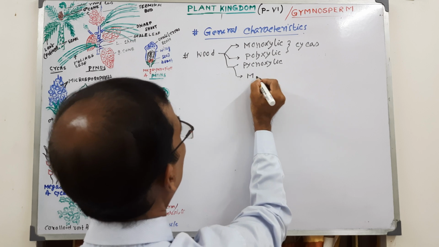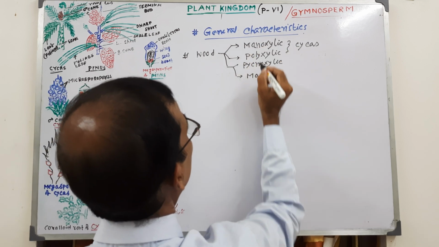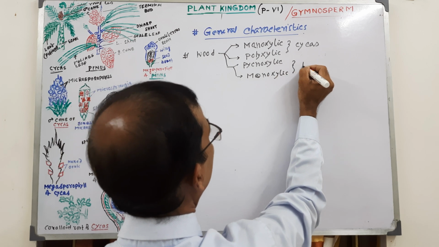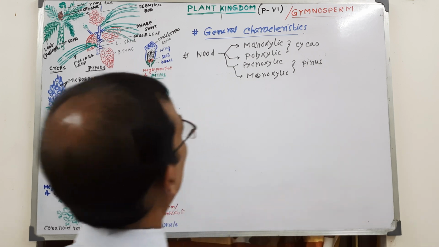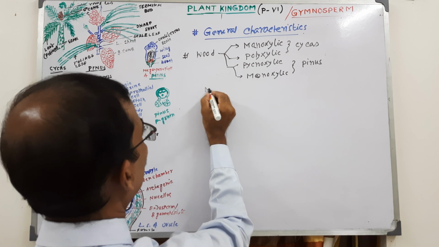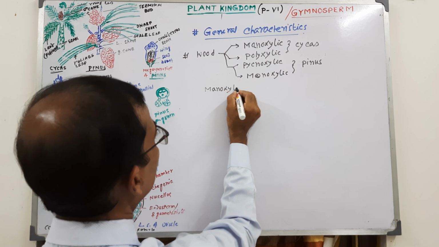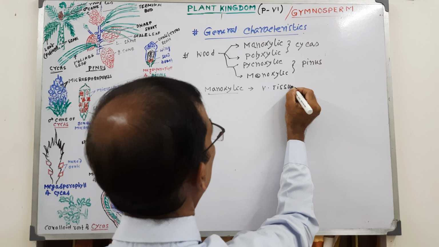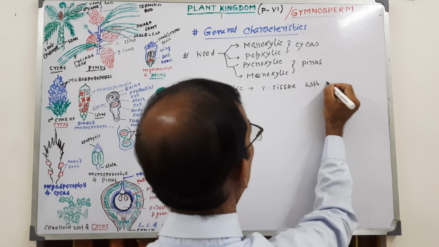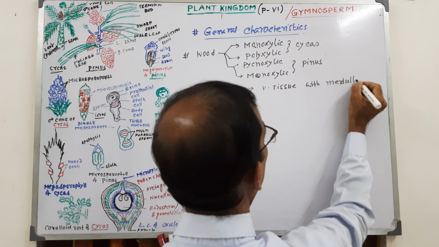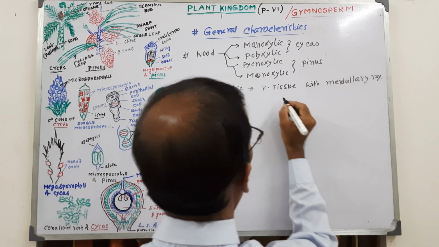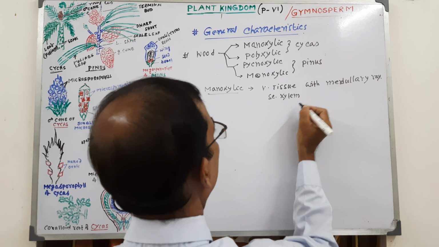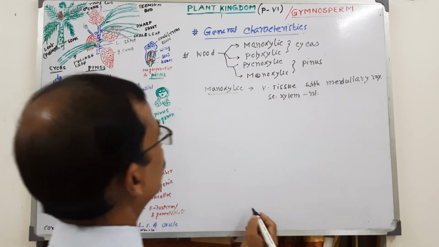Monoxylic in Pinus. Manoxylic means vascular tissue with large medullary rays and less secondary xylem, so commercially less important.